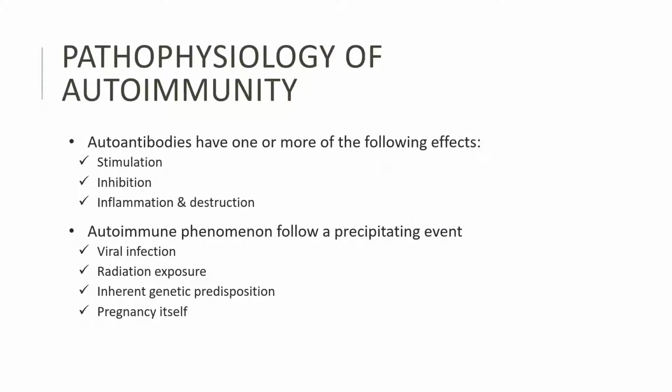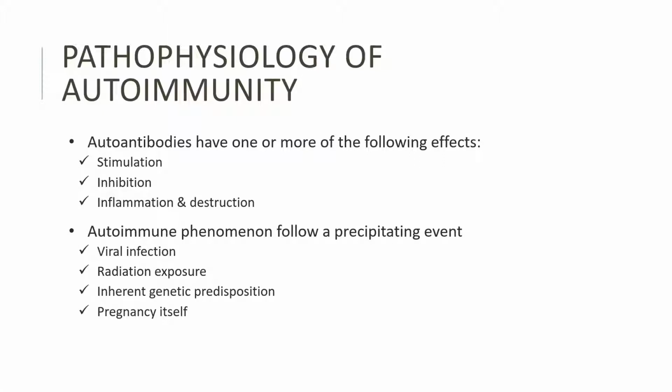Coming to the pathophysiology of autoimmunity in pregnancy, autoantibodies have one or more of the following effects, as we all know. They can cause a stimulation effect, they can cause an inhibition effect, there can be inflammation and destruction.